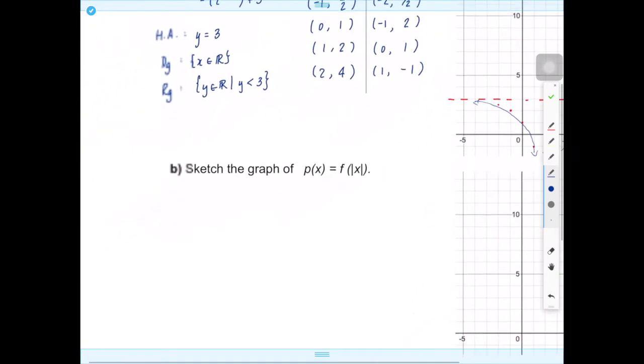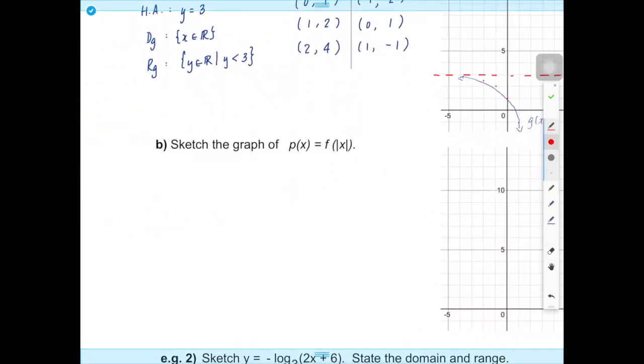Next, I see a familiar notation. I want to know the graph of p of x where it is f of the absolute value of x. If you recall from first year, when we take f of the absolute value of x, what it really means is that you reflect any part where x is greater than 0 across the y-axis.